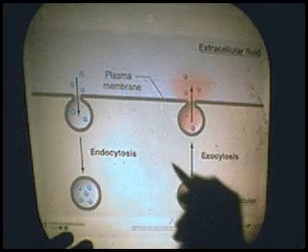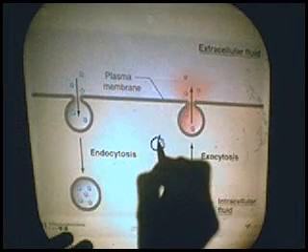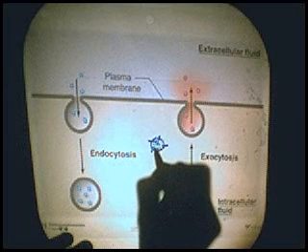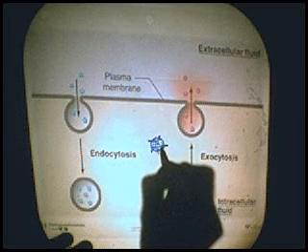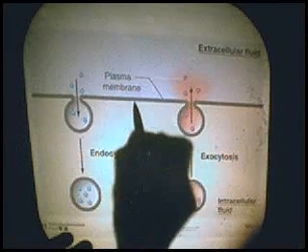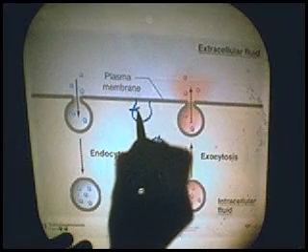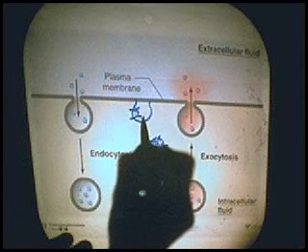So let's say we have a vesicle that has receptors. These are receptors, believe it or not. And what happens is you have fusion of this receptor-laden vesicle.